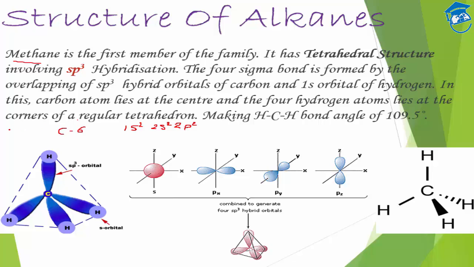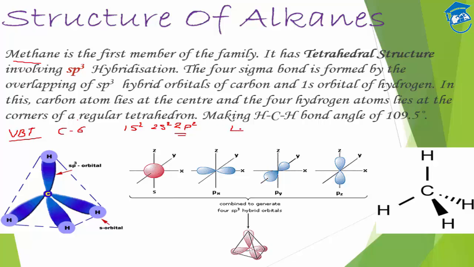If you go by valence bond theory, which you must have studied in your chemical bonding chapter, and if you have not, then please refer to that chapter, only 2 of the p orbitals are half-filled, so it should ideally form only 2 bonds, but it actually forms 4 bonds. So how can it be explained? This is the ground state structure. One s electron gets excited and goes to the p orbital.